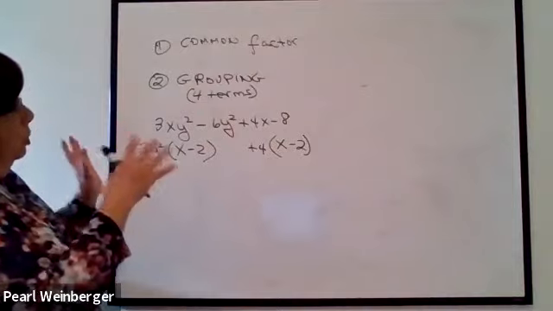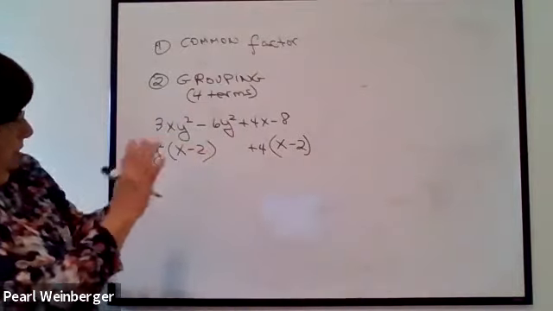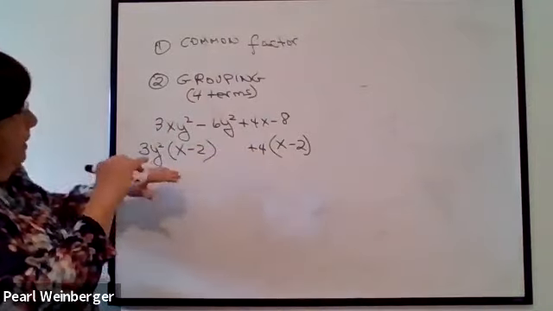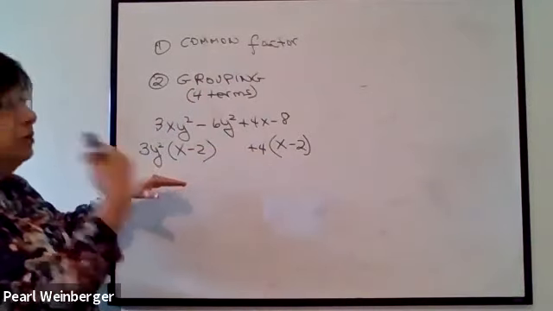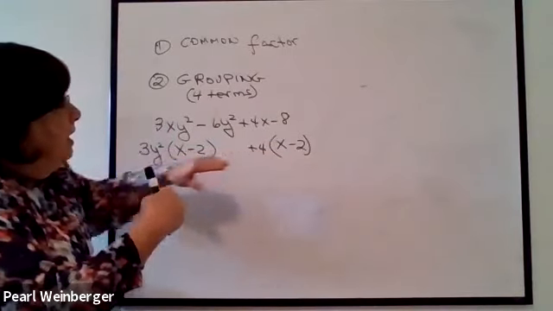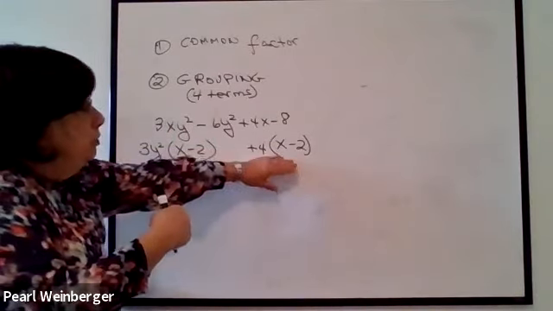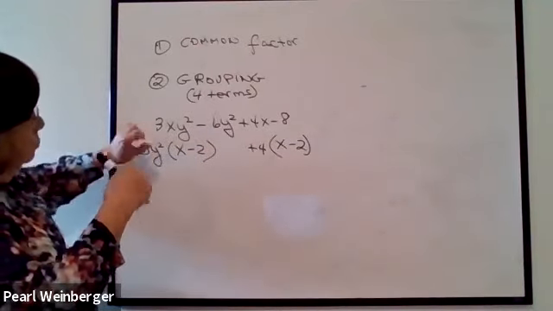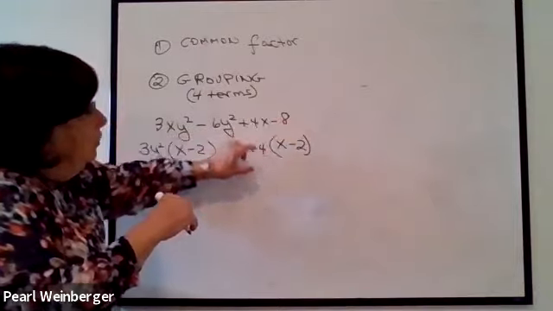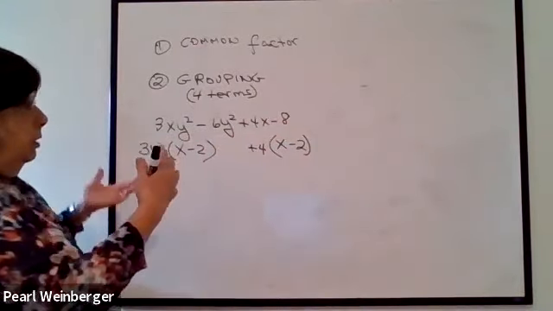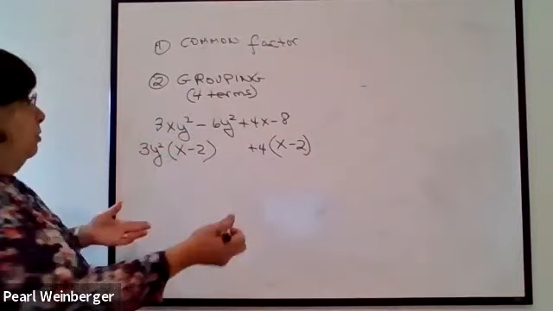So if I took my two groups separately and I factored each of the groups separately, it turned out, and this doesn't always happen, but if it does happen, that we got a common binomial factor. The x minus 2 is a factor in the first group, x minus 2 is a factor in the second group. So we can do what we did before with our common binomial factor.